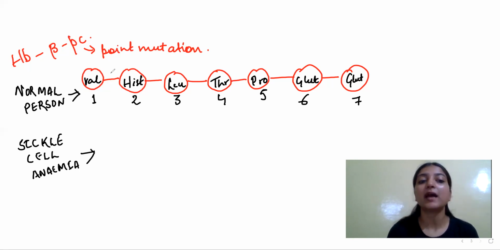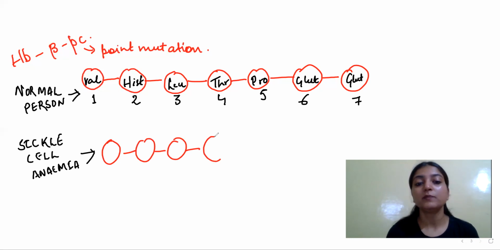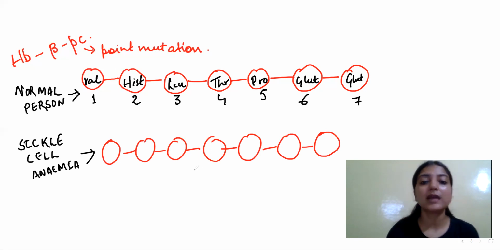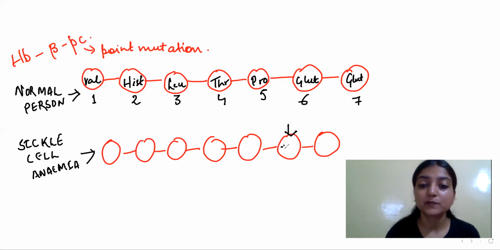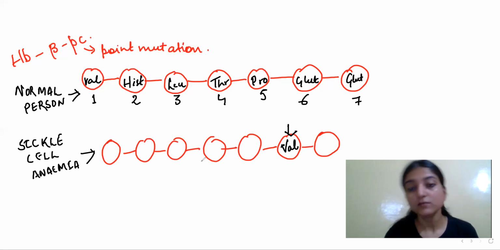Everything will be the same as this, but let us draw again 1, 2, 3, 4, 5, 6 and 7. If a person is having sickle cell anemia, the sixth amino acid, which is here glutamic acid, is replaced by valine, right?